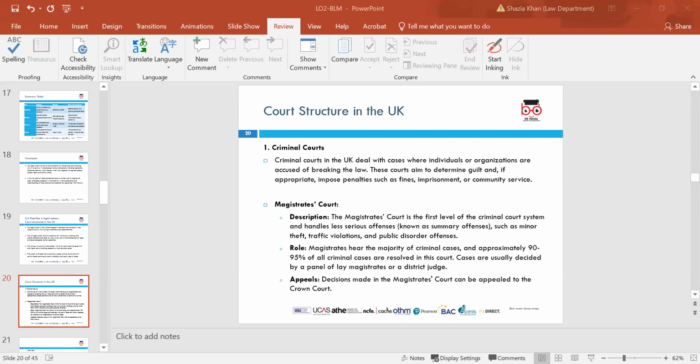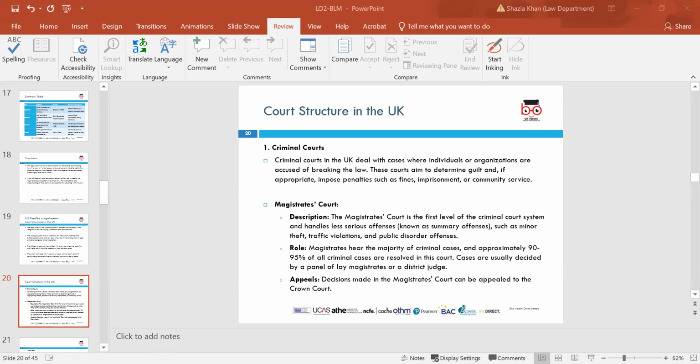It also deals with the first appearance of any defendant charged with a criminal offence, deals with procedural issues and hears initial bail applications. The magistrates' court deals with all cases involving summary offences. Summary offences tend to be less complex and less serious than other criminal offences, so they do not require trial by jury. For example, most motoring offences are summary offences.